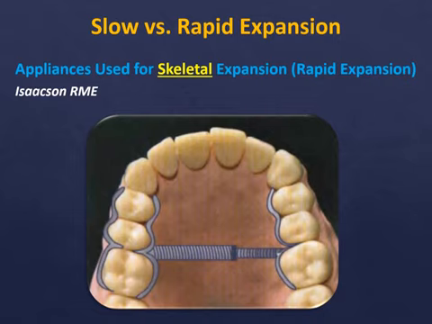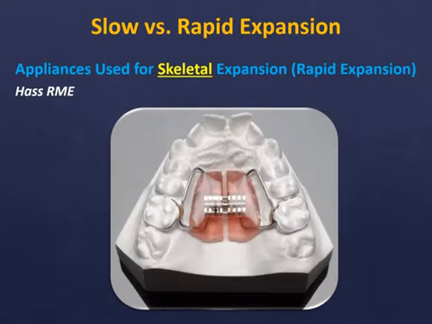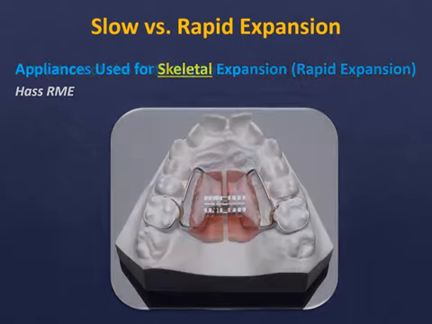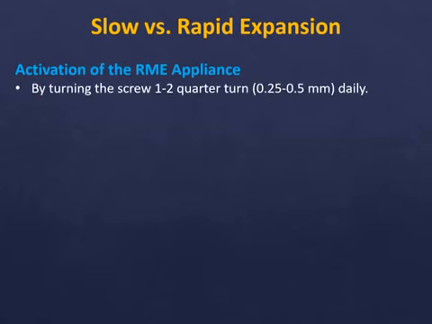Other types of rapid maxillary expanders are rarely used nowadays, like the Isaacson rapid maxillary expander and the Haas type rapid maxillary expander. Activation of rapid maxillary expanders is usually by turning the screw one to two quarter turns per day.